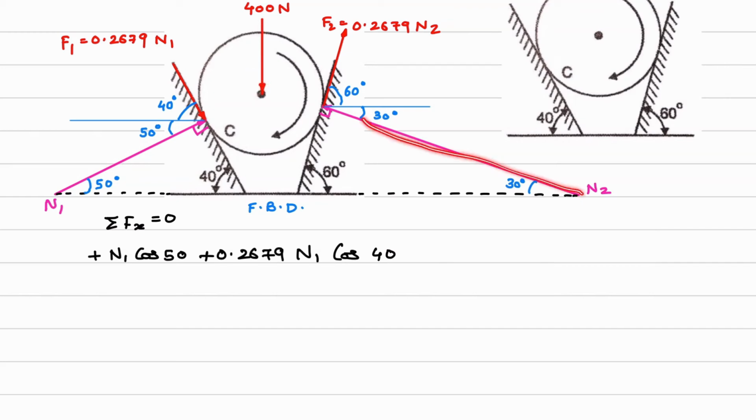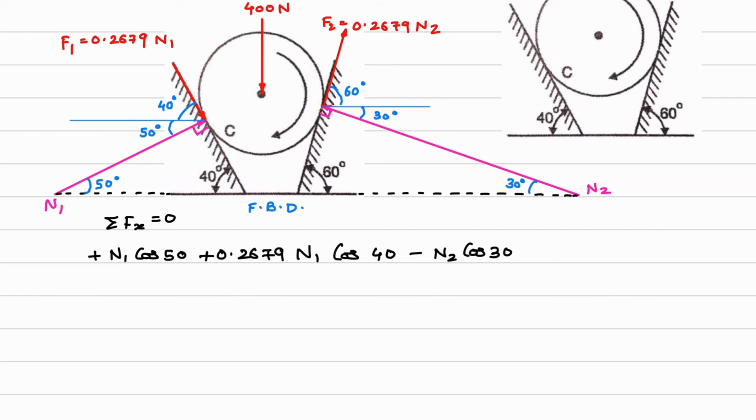Then N2 x component, it is towards left and angle is with respect to x-axis, so it will be minus N2 cos 30. Then x component of F2, it is acting towards right, so it will be plus F2 into cos 60.